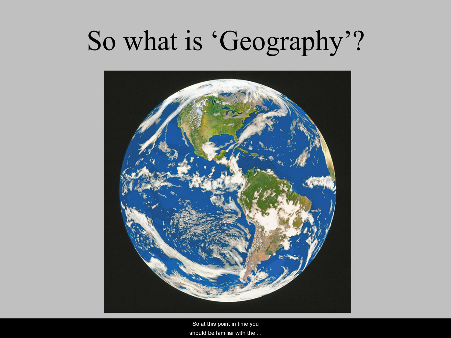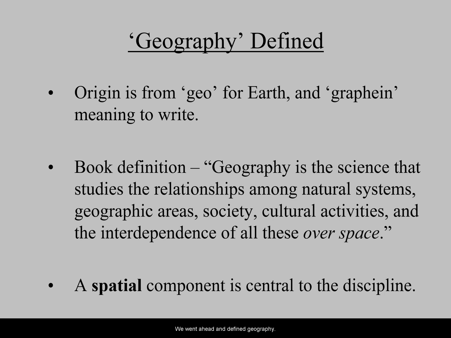So at this point in time, you should be familiar with the definition of geography. We went ahead and defined geography. We identified that the words that make up geography, geo, the earth, and graphein, to write, basically meaning to write about the earth.